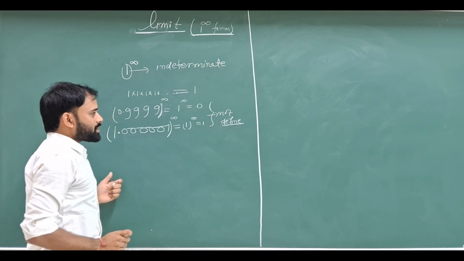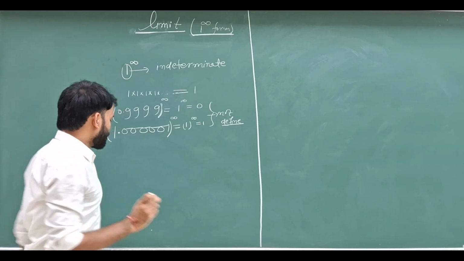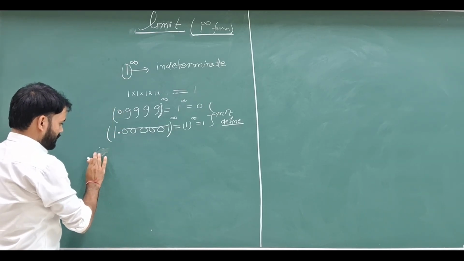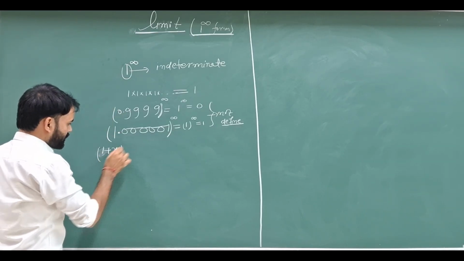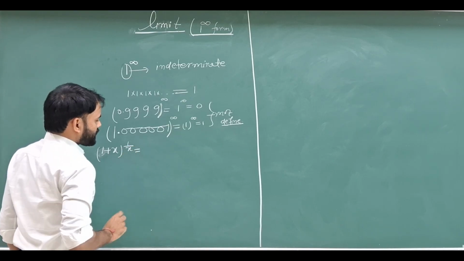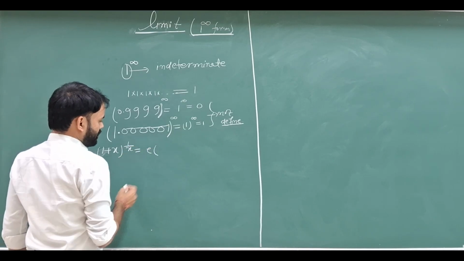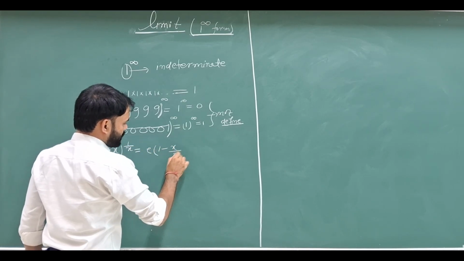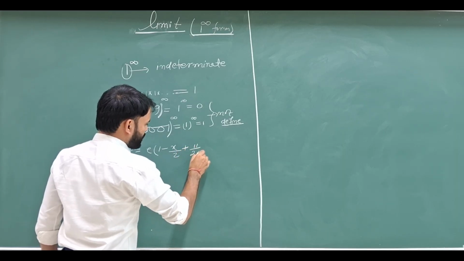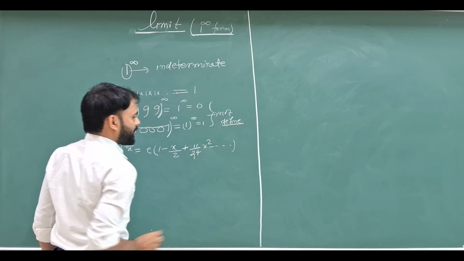फर्स्टली आई एम यूजिंग, देयर इज वन स्टैंडर्ड लिमिट व्हिच इज 1 plus x to the power whole 1 by x. This is your e, 1 minus x by 2 plus 11 by 24 x square minus up to infinity.